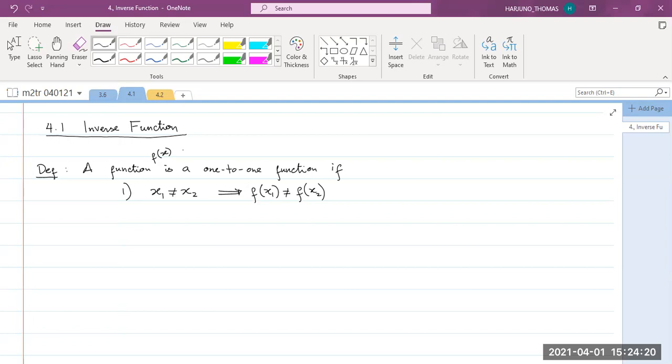And we actually have plenty of functions like this. Every linear function whose slope is not 0 is a one-to-one function. Let's say, for example, y equals 2x minus 1, right? You plug in different x, the y will be different.